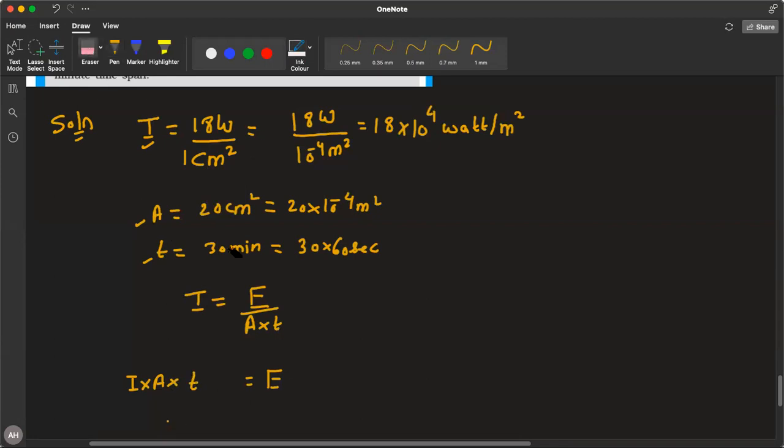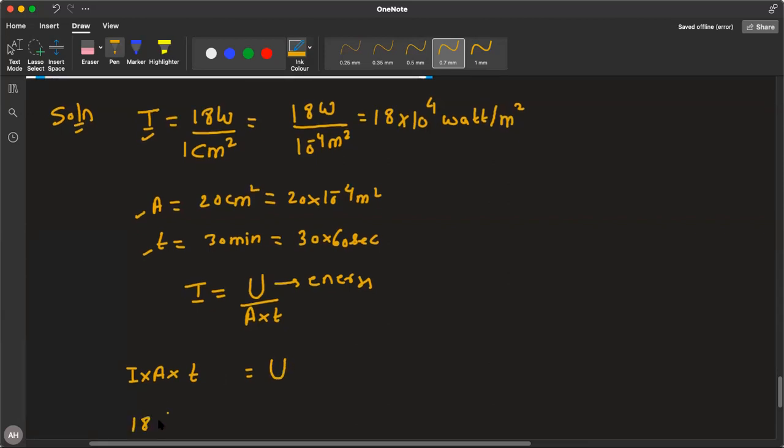I can write energy as U. It's my choice now, let's use U for energy. So intensity is 18 into 10 raised to the power 4, area is 20 into 10 raised to the power minus 4, time is 30 into 60. This much joule is your energy.